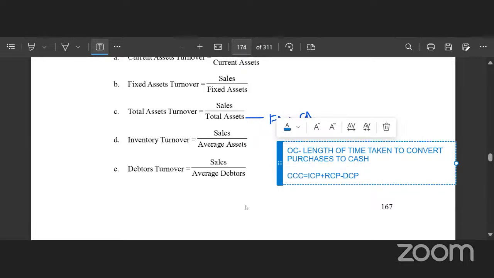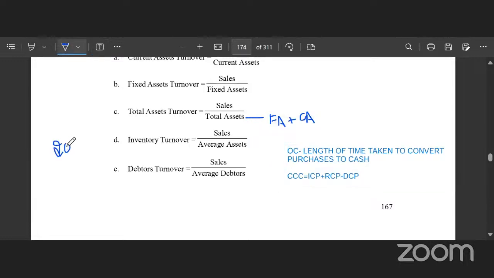Suppose your company has a cash conversion cycle of 20 days and your competitor has 30 days. That means you're performing better than the competitor.